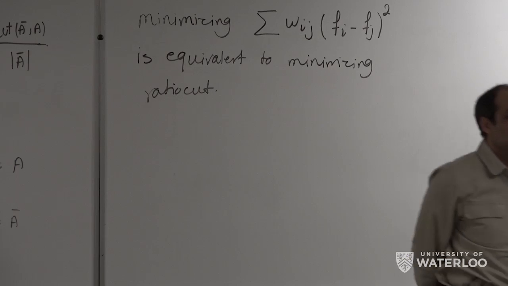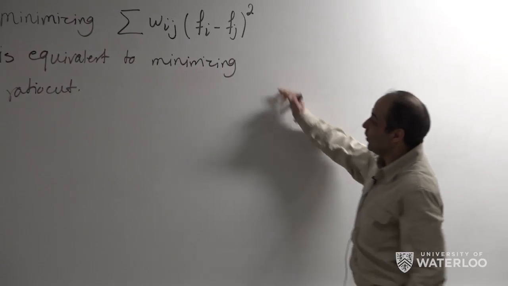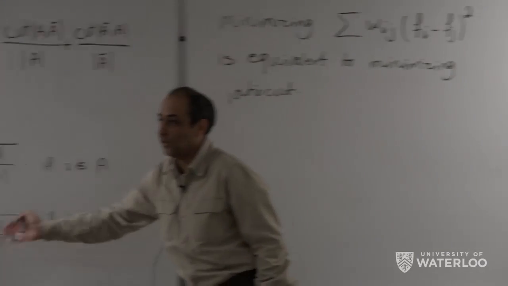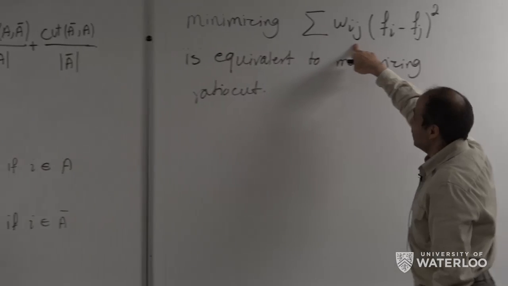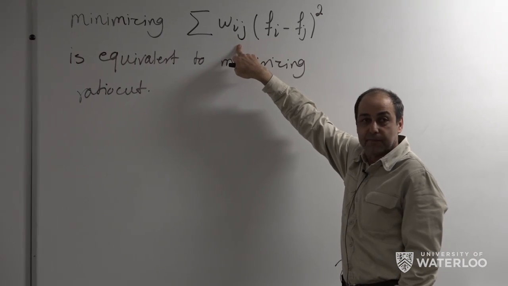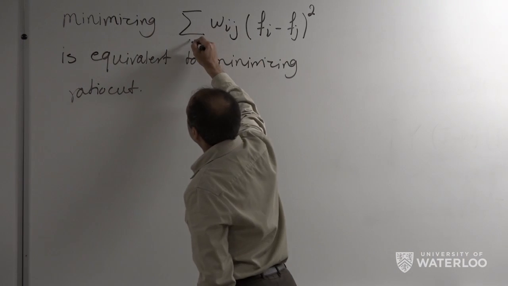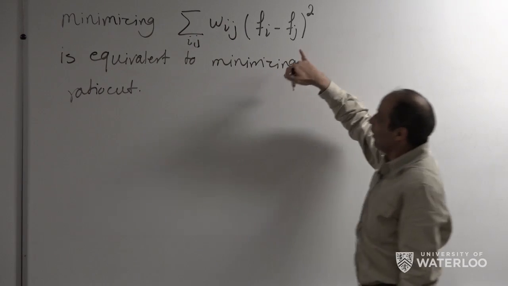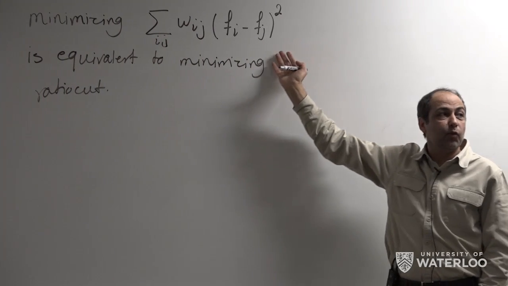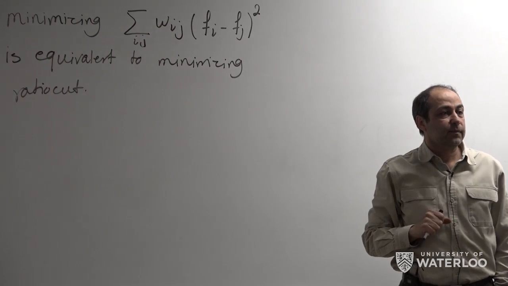So that's my claim. If you define F this way, then minimizing this objective function over all i and j is equivalent to minimizing ratio cut.